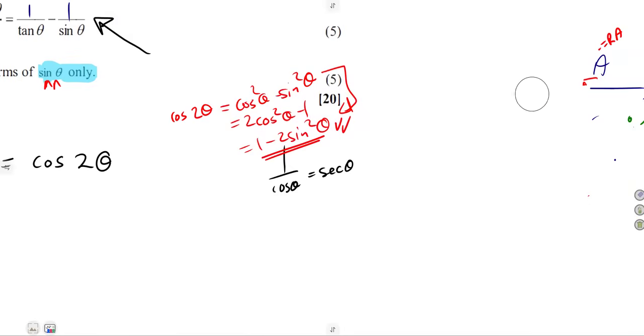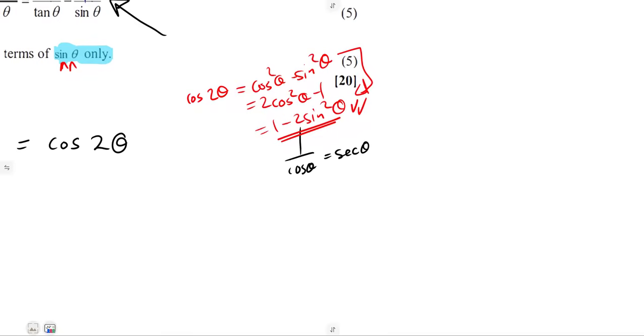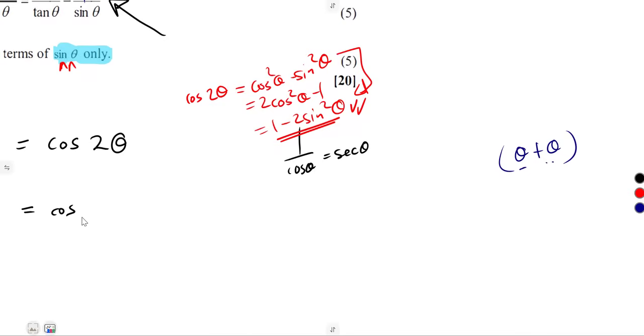So let's figure out from our identities the one that we can use, where we have got the cos of 2 theta. 2 theta simply means we added theta plus theta. It gives us 2 theta. So we can rewrite this as the cos of theta plus theta. From which identity?